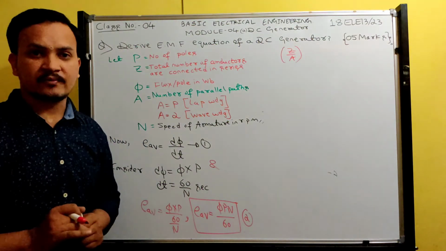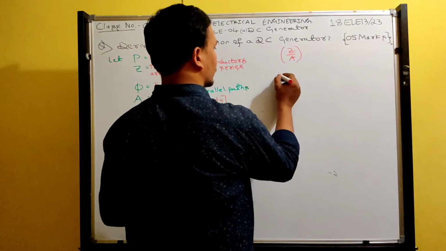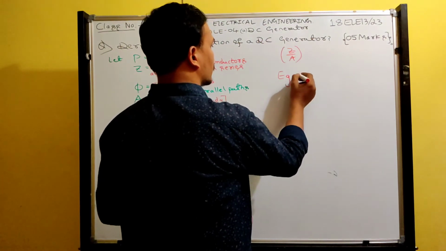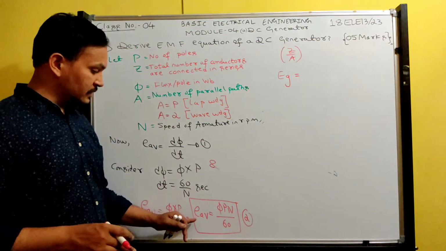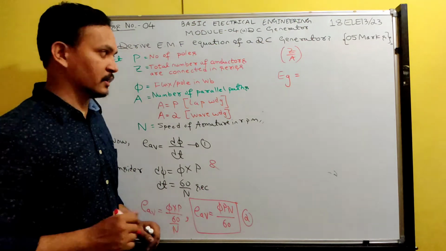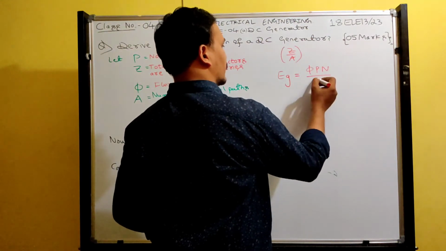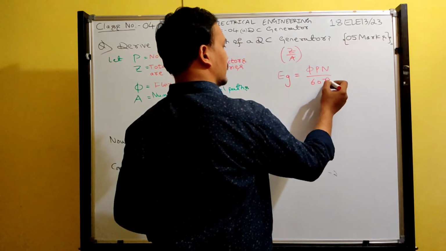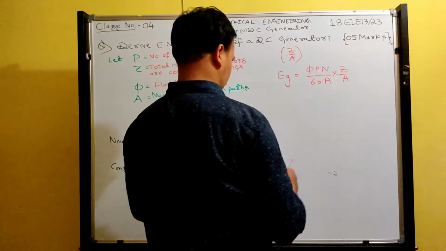See, now I am writing a capital letter: EG is called the total EMF generated. This E is the EMF induced in one conductor, which is pi P N by 60A, multiplied by Z by A conductors.